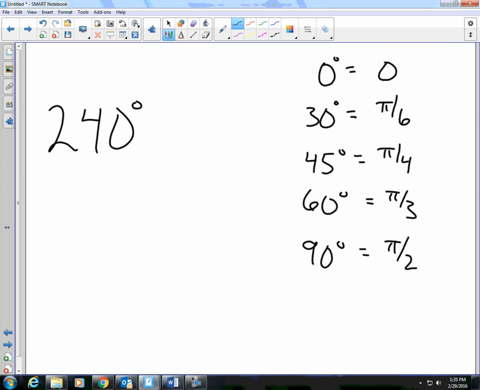Can somebody tell me which one of these is the biggest one that divides evenly into 240? 60. How many times does it go in? 4. You see that?